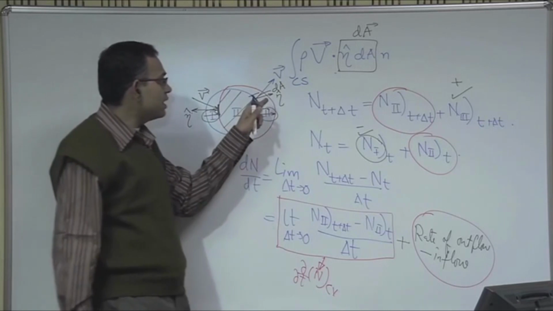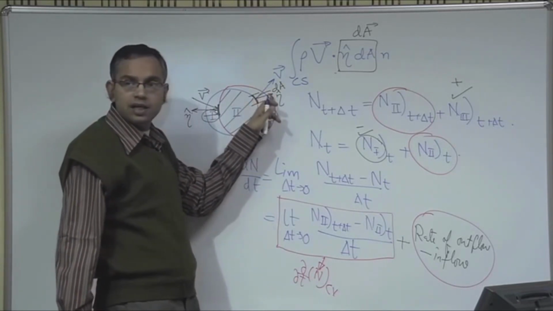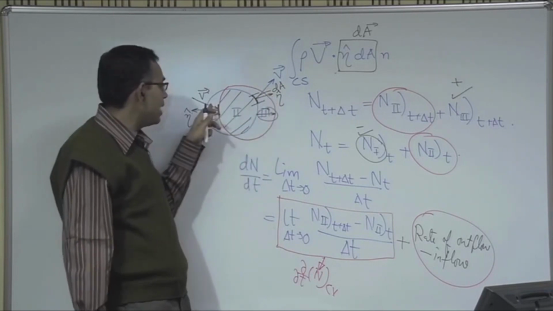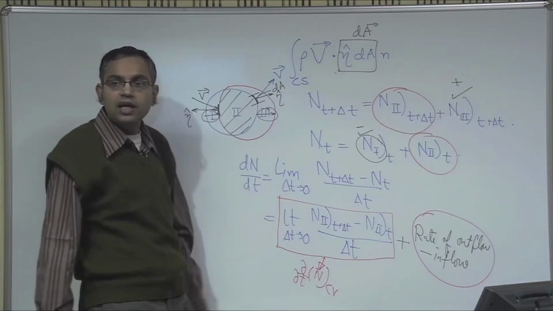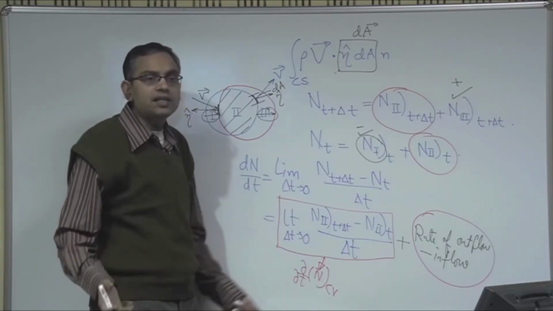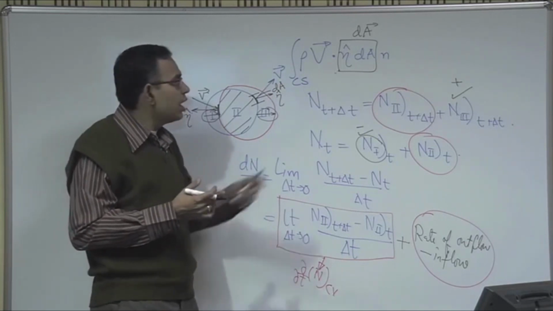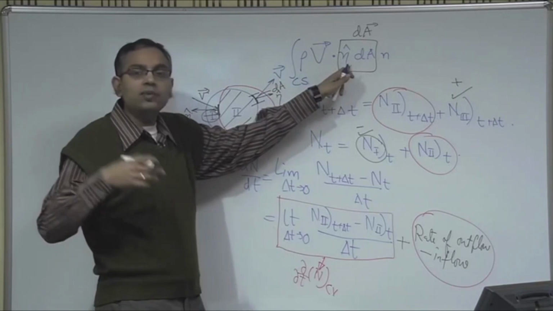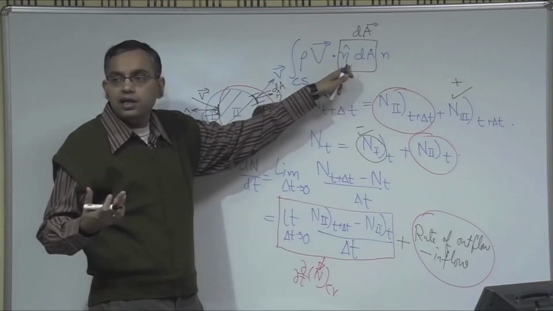If you consider the dot product of V with eta, in the outflow case the dot product is positive, and by looking at this figure you can understand that here the dot product will be negative. That means when we say outflow minus inflow, we do not have to use a minus sign, the dot product positive will automatically indicate outflow and the dot product negative will automatically indicate inflow.